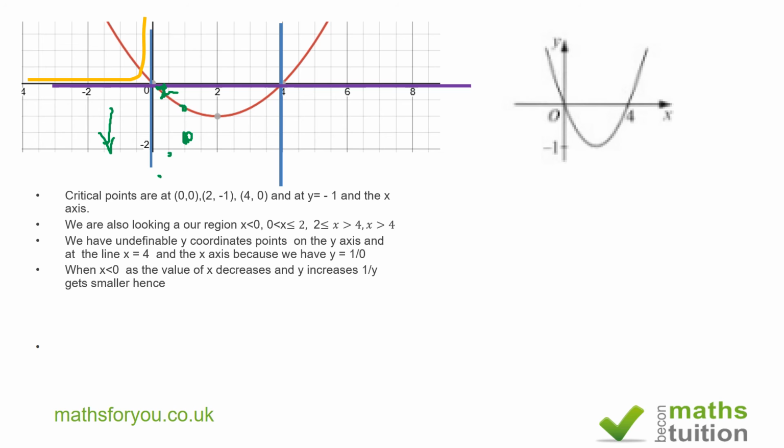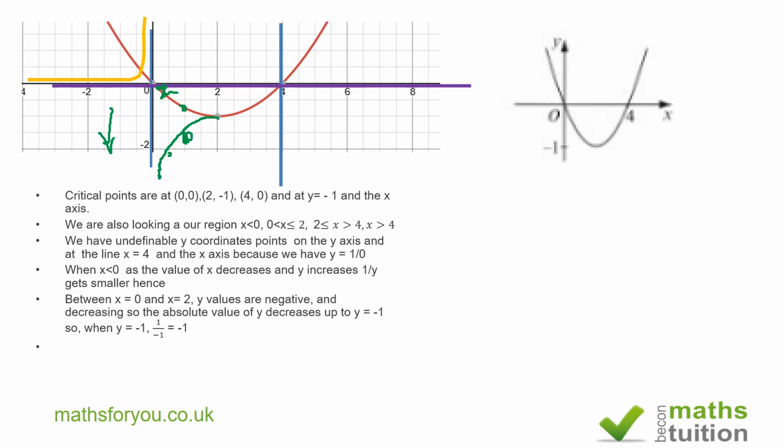So we end up drawing a graph that looks something like this one here, and 1 over -1 will be -1, so we end up there. I hope that makes some sort of sense. So in effect, what we then have is a graph like that for that region there.